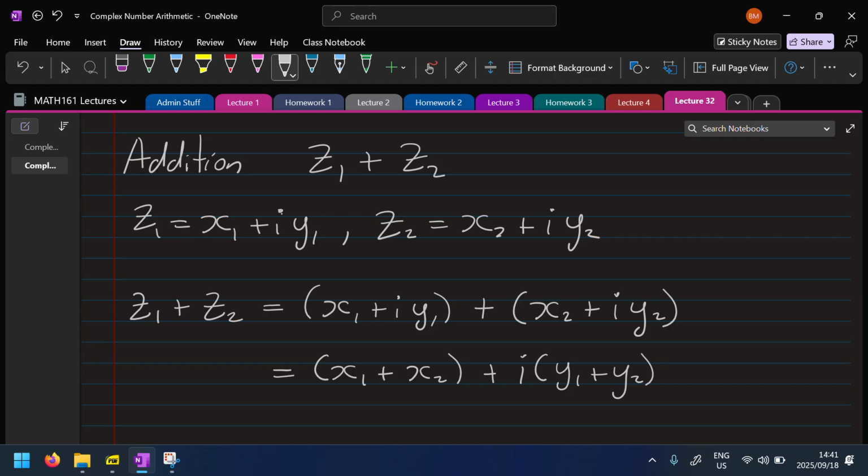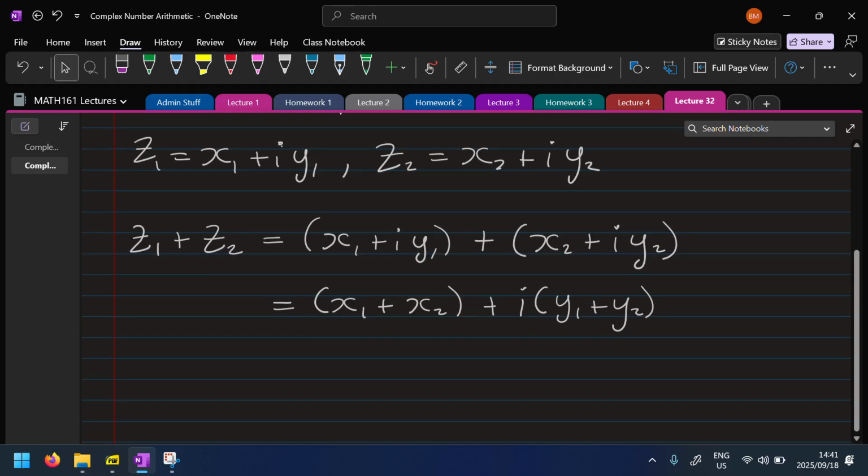Again, X1, Y1, X2, Y2 are real numbers, so we just add them as normal. We just add the X part and we add the Y part.